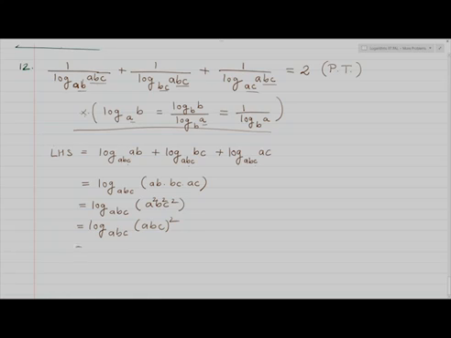I will use my power law, which will give me 2 log ABC, which will again give me 2, which is nothing but the RHS of the expression. So I have proved this expression.